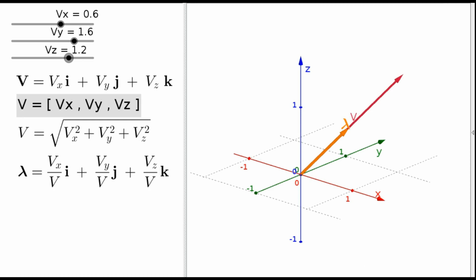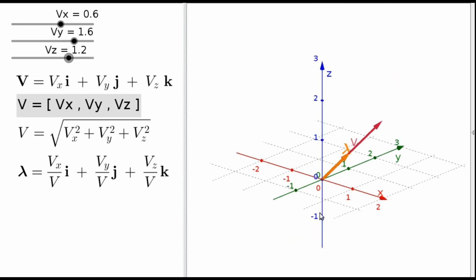But the convenient thing, or the thing I really want to talk about now, is this unit vector. This unit vector we call lambda. So if we divide our v vector by its magnitude, we get a vector whose length is 1. So our v vector can change size, but our direction vector, lambda, stays of magnitude 1.